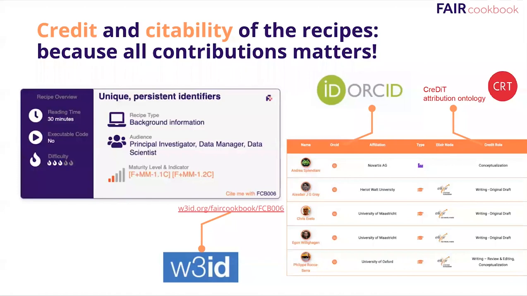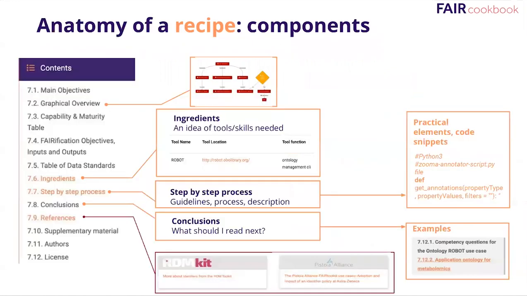We are turning knowledge into recipes, and this is knowledge from people, and people need to be credited. So not only are the recipes citable, but they are also credited through the ORCID ID and the Credit Attribution Ontology. If you pick up any recipe, you will see that it's composed of different sections.